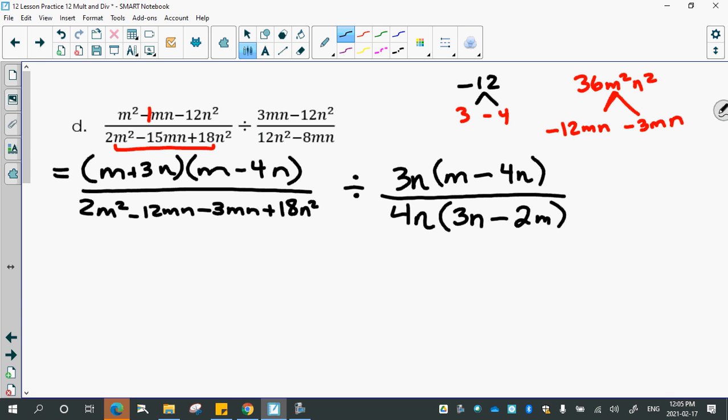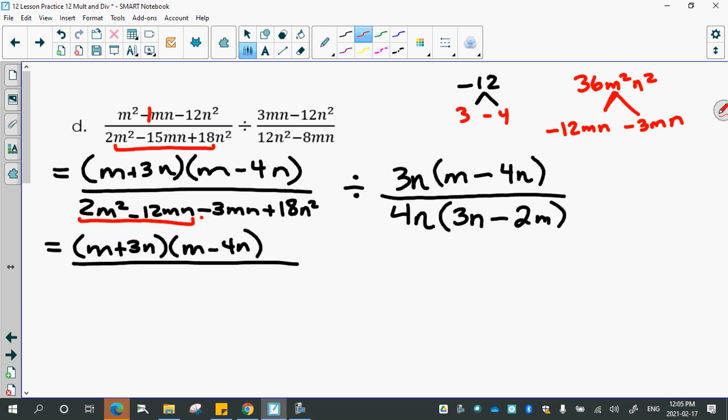Alright, so everything's factored except this denominator here. So I'm just copying, but on the bottom, I've got my second step for a complex trinomial, which is to factor by grouping. So you're looking for what's in common with just the first two terms.